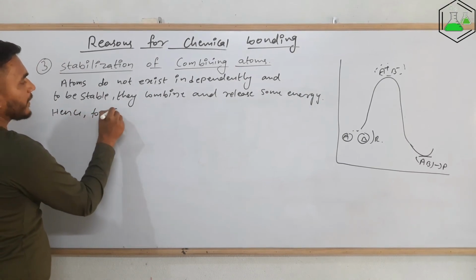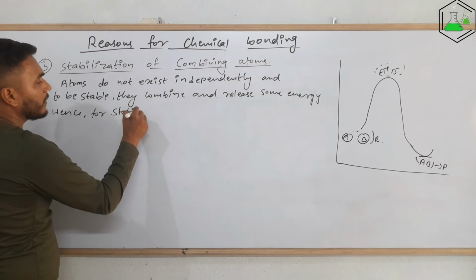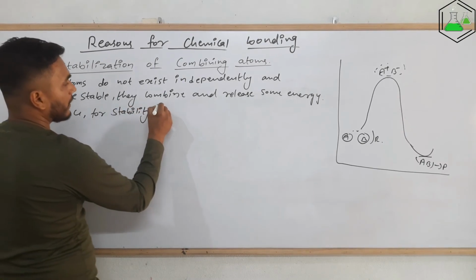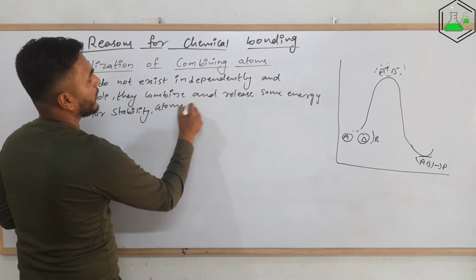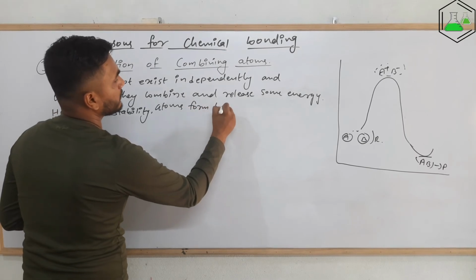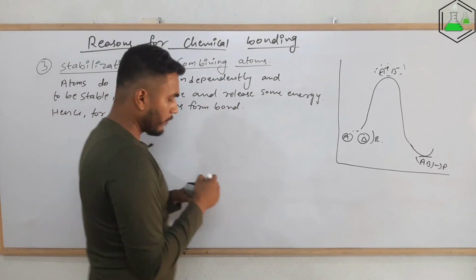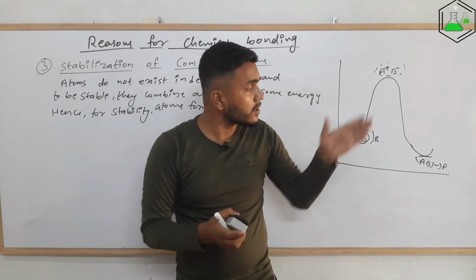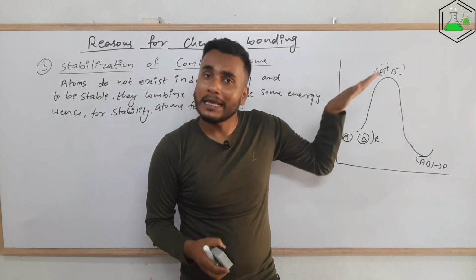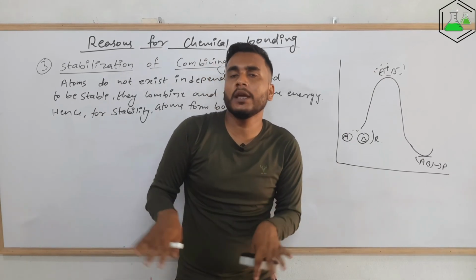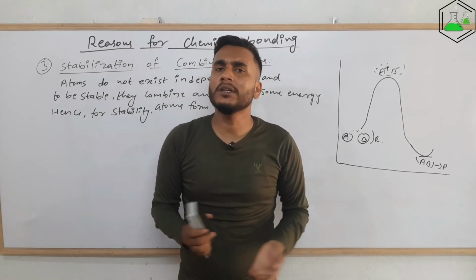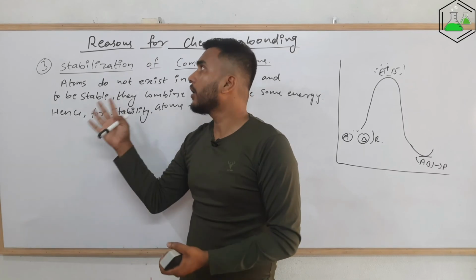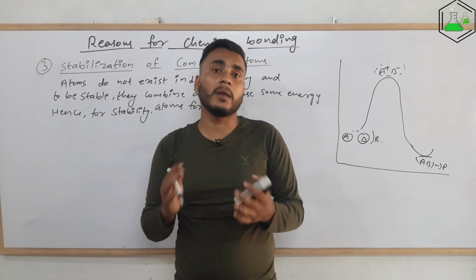Hence, for stability, atoms form bonds. So for stability, they form some kind of bond because more energy is released, and if they are losing energy, then they will be more stable. So this is the third reason for the formation of a chemical bond.